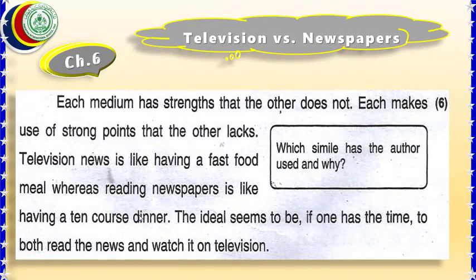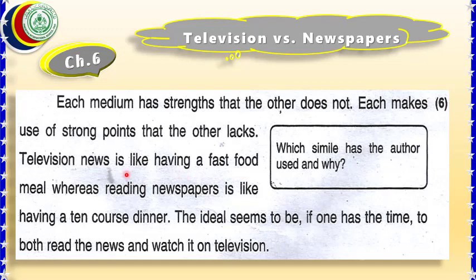This is paragraph number 6. The question is, which simile has the author used and why? Each medium has strengths that the other does not. Each makes use of strong points that the other lacks. Television news is like having fast food.